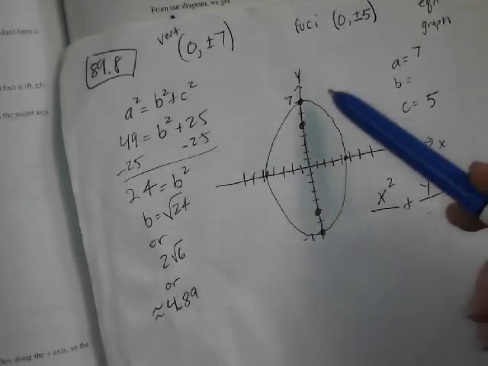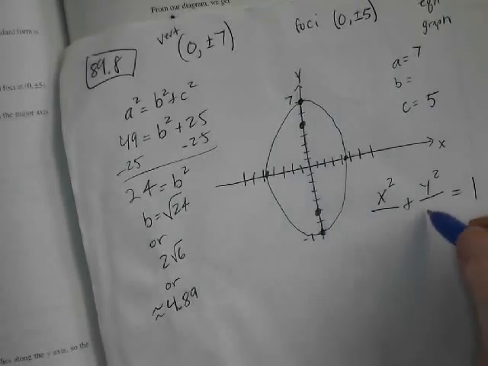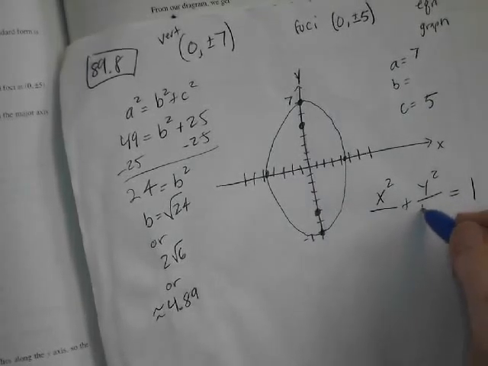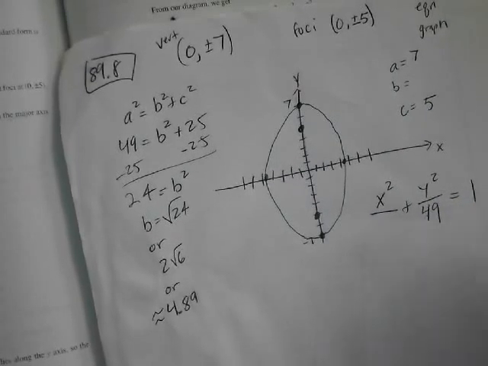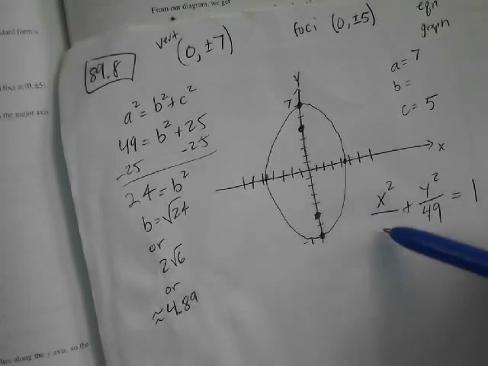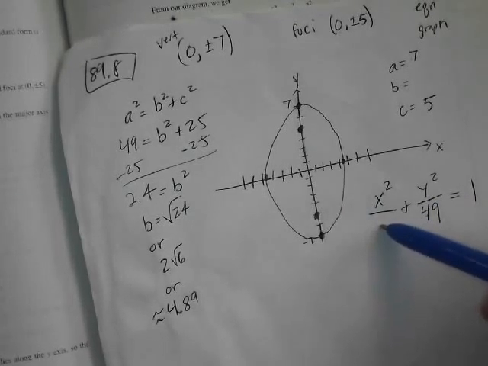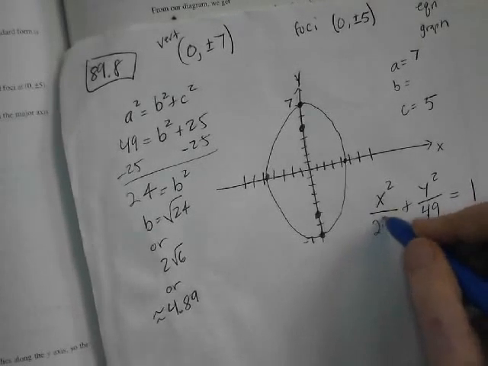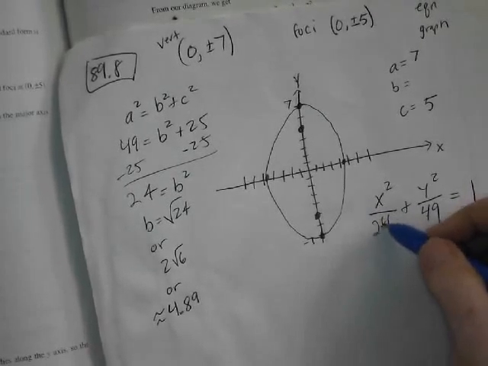And we already know that A was 7. So I can write it as 7 squared, or I can write it as 49. And I think your book actually wrote it just as 49. And then this one would be root 24 squared, which is just 24. And I think that's it.